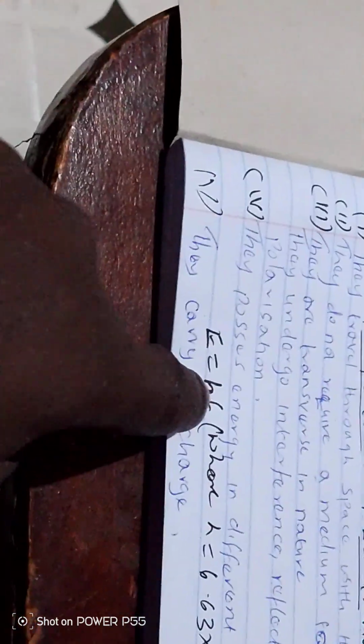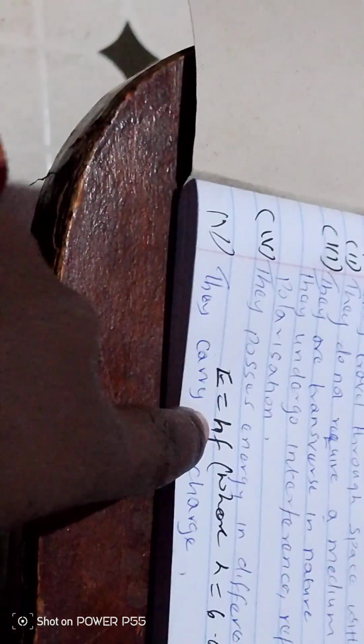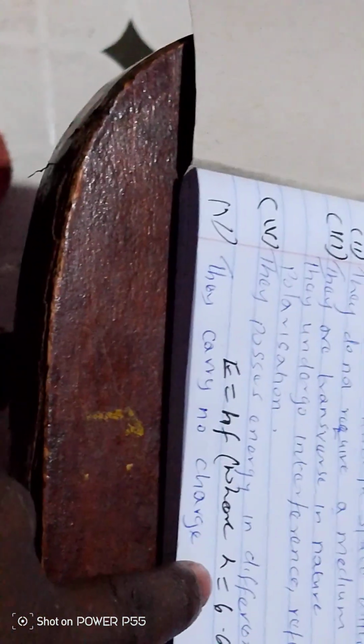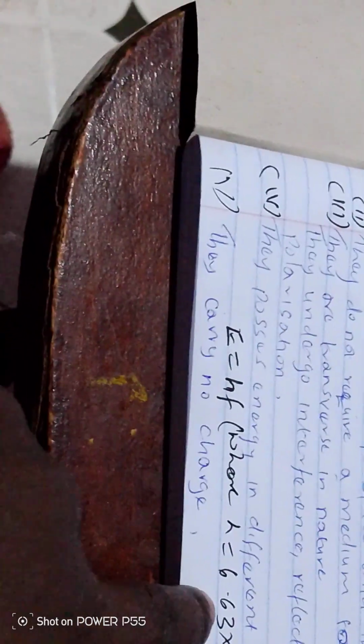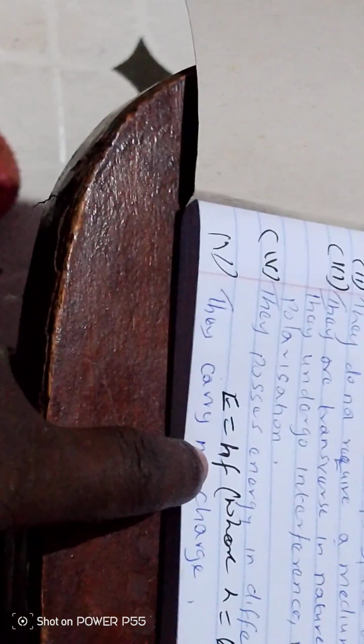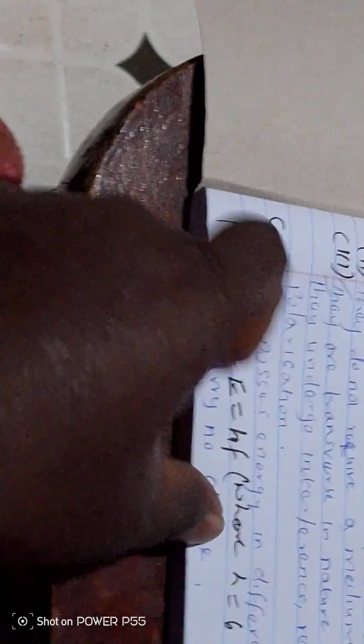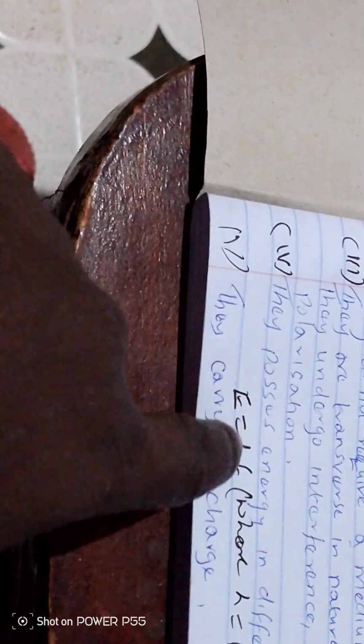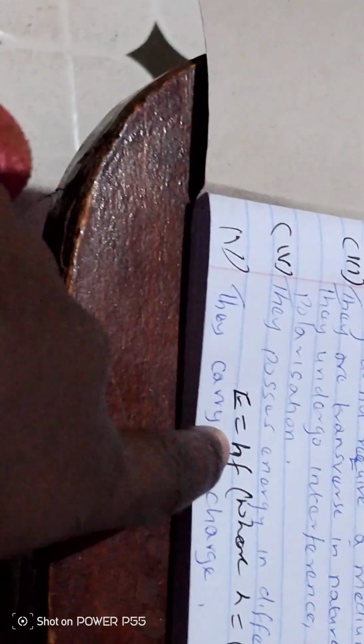Energy is equal to hf. h is the Planck's constant, whose value is 6.63 times 10 power negative 34 joule seconds, while f is the frequency of the radiation. For example, if you are talking of visible light, energy is equal to Planck's constant times the frequency of visible light.